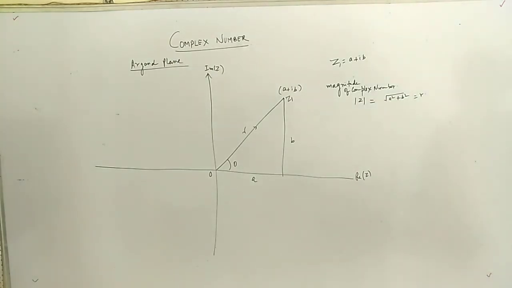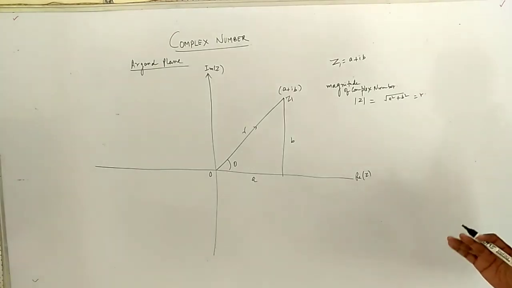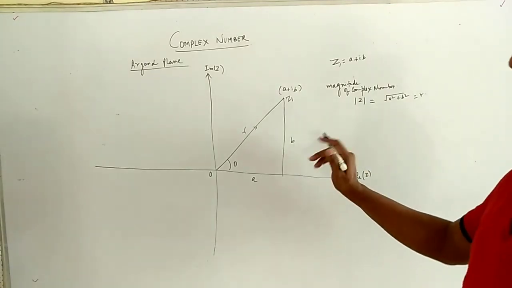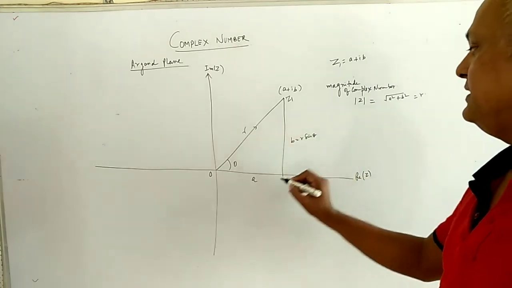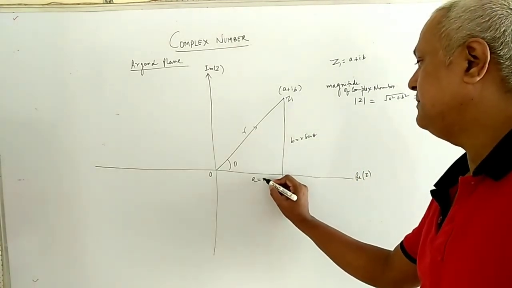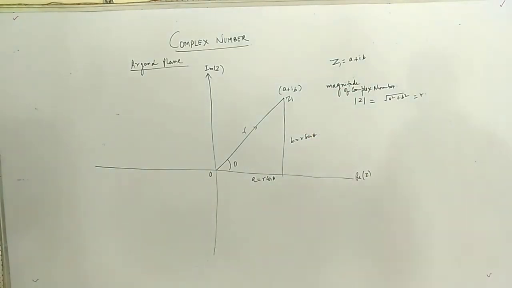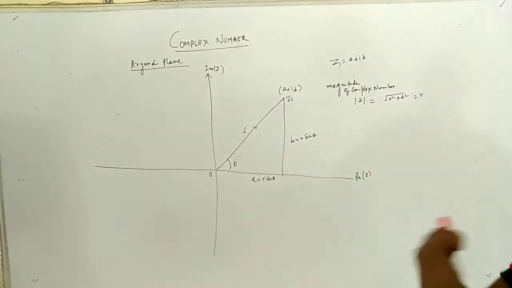If you try to recollect the polar system and the Cartesian system, on which I have already uploaded a video, then you can find that b becomes r sine theta, and a becomes r cos theta, and these are just the polar coordinates. This is a pole, this is the point, and this is the reference line.